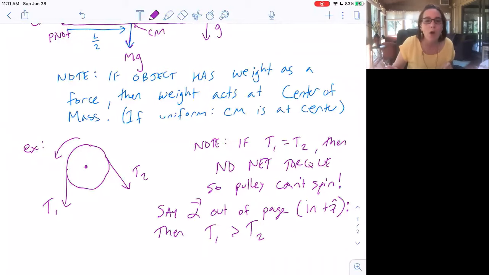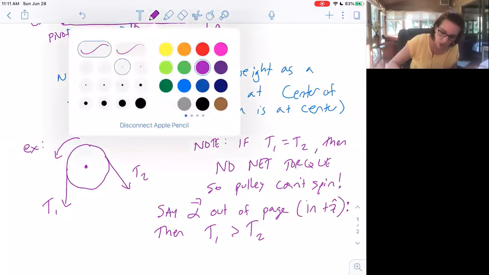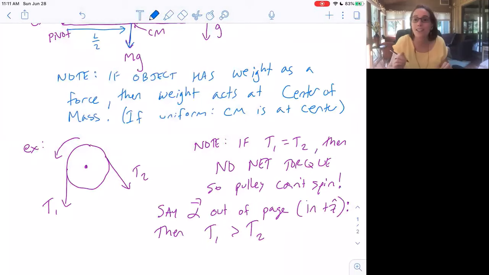Now let's think about what the lever arm is, right? Because in order to get the torque, we need to worry about the angle between R and F. And so in this case, the lever arm always points from the center of the pulley, from the pivot, to where the force is applied. So that would be my lever arm here.